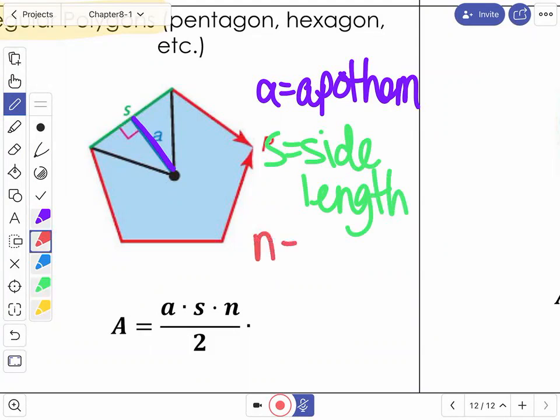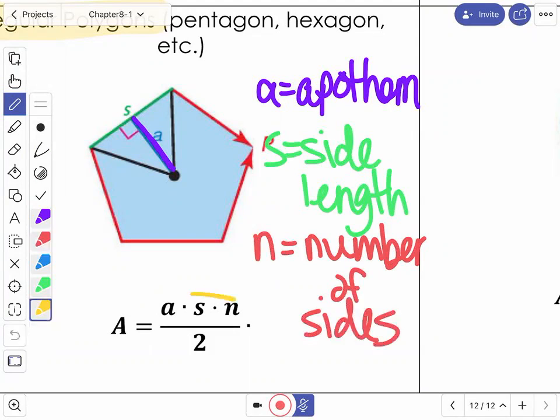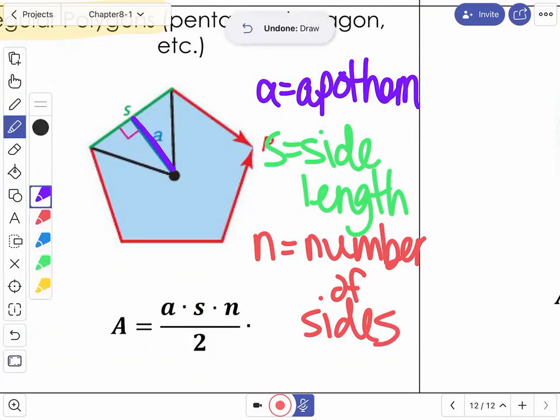And we need to know the number of sides. Once I know all 3 of these numbers, we'll just plug it into our formula. Apothem times side length times number of sides, divided by 2, and that'll give us the area of that regular polygon.